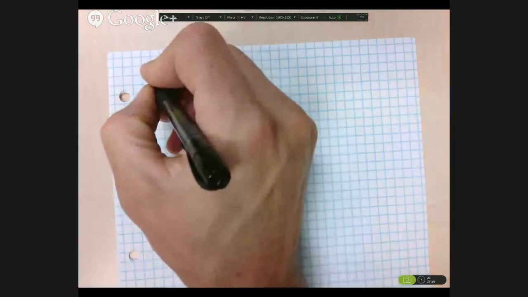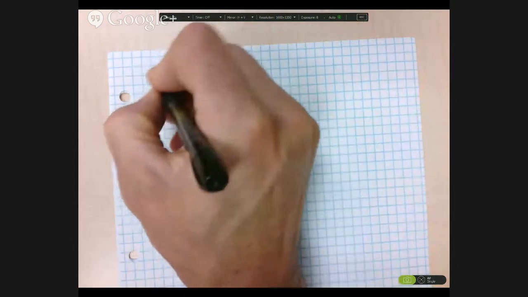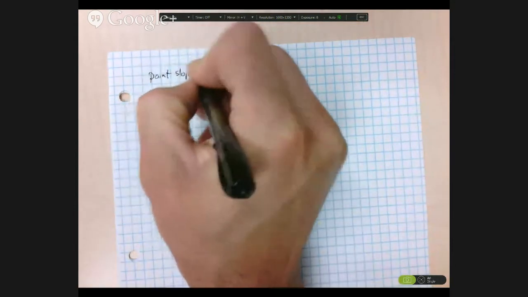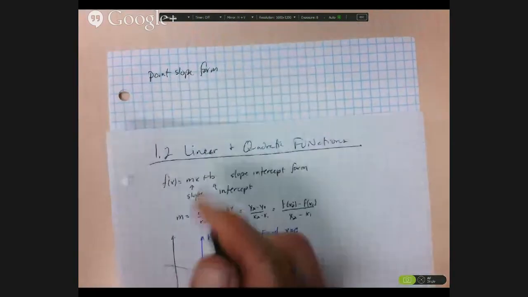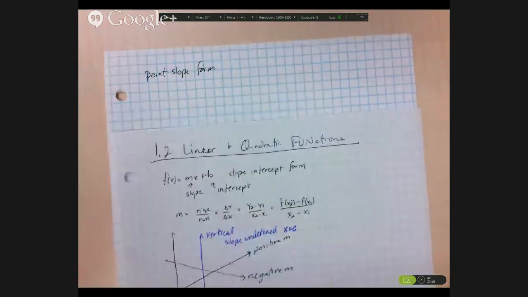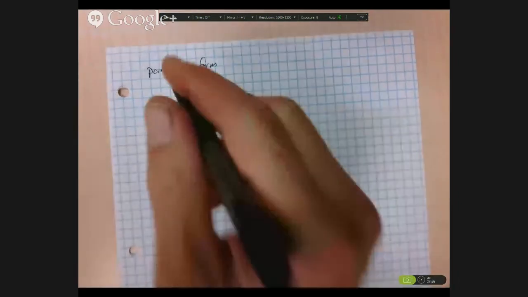Just one other form that you'll want to know. We already addressed slope-intercept, y equals mx plus b. Point slope is very useful sometimes.